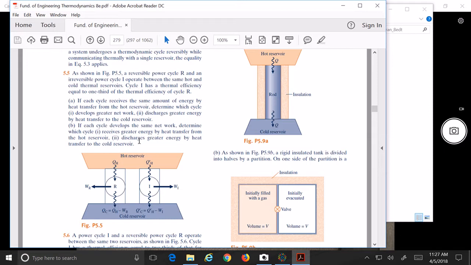Okay, let's do 5.5. I don't know, just like that, because that's a nice figure, and see what we can do with it.